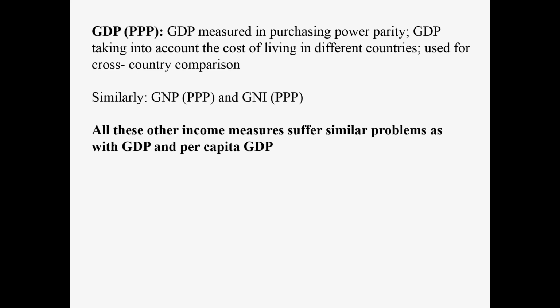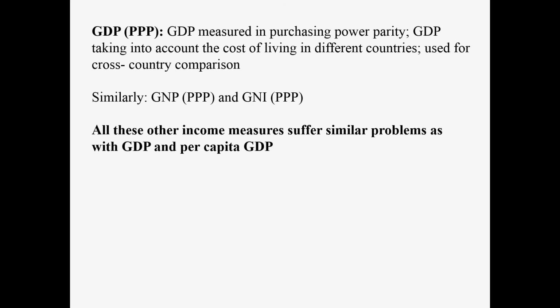GNI, GNP, or GDP, PPP, GNP, PPP, GNI, PPP, they suffer similar problems as we see in GDP and per capita GDP. A lot of income, a lot of economic activities are not accounted for by the national economic statistics, so they are performed, but they do not go into the total aggregate of a country's GNI, or GNI per capita.